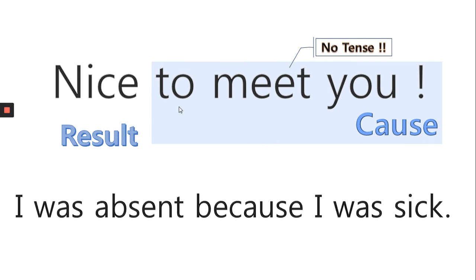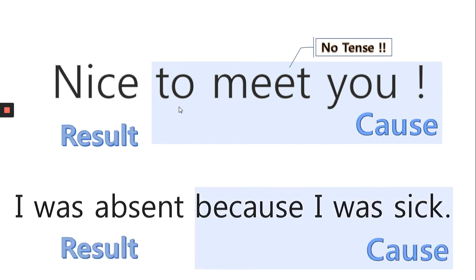How about this one? I was absent because I was sick. Okay, here, because I was sick is the cause, and I was absent is the result or effect. Both of these are cause. The meaning is cause, but here it has tense, "was," but here no tense, right?